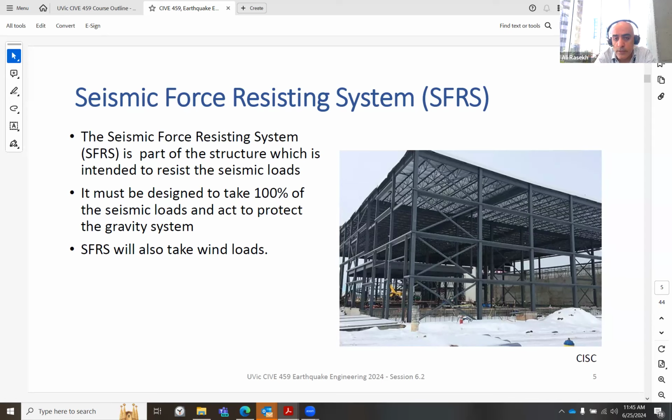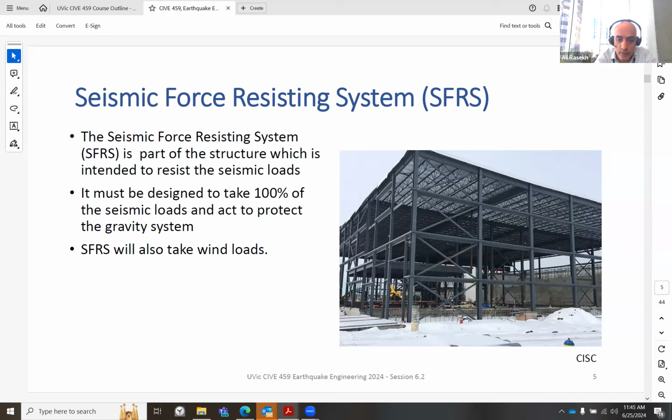It transfers the lateral load all the way to foundation through bracing, and it keeps the vertical load carrying system in place. So the concept of collapse that we can think about is that after an earthquake, the seismic force resisting system didn't act properly.